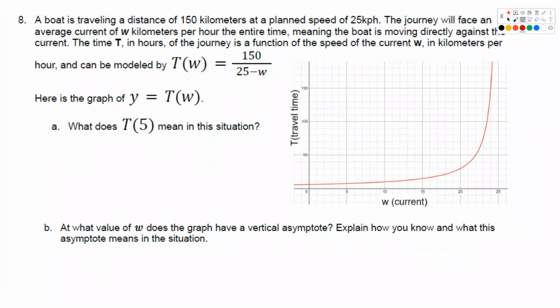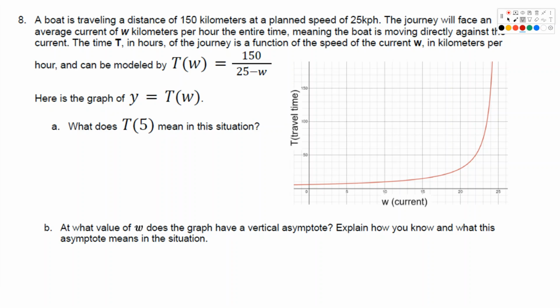They're planning to travel at a speed of 25 kilometers per hour. However, it's going to be facing a current, moving directly against the current. Looking at the graph, notice that as the current increases, the time is also increasing in terms of the boat traveling.